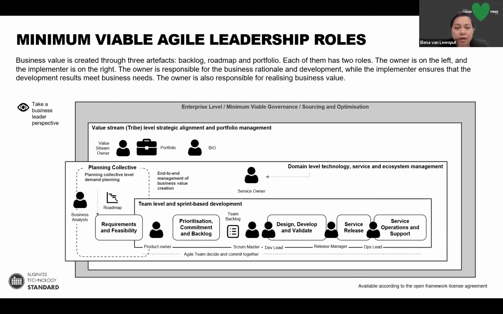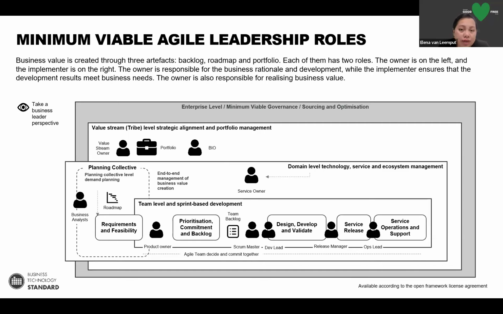And artifacts are hopefully familiar to you, but these are deliverables that are used to essentially progress something inside this flow. So in this illustration, you can see the business value is created through 3 artifacts: the portfolio, the roadmap, and the backlog. And these are what we refer to as those deliverables or tangible artifacts of value.